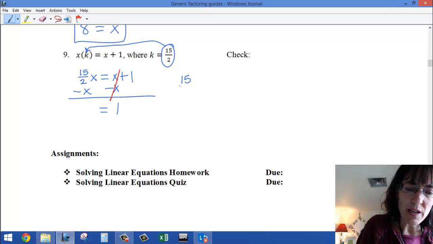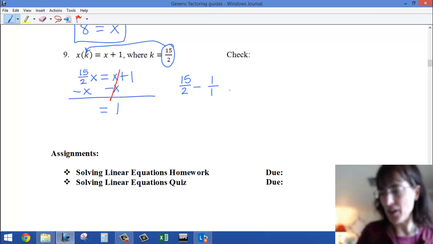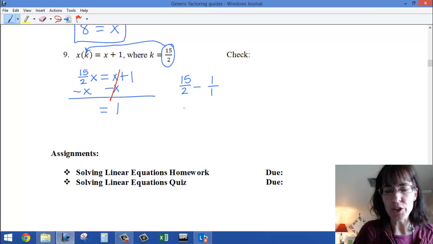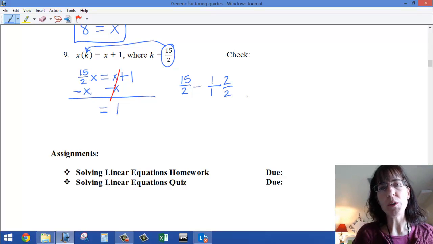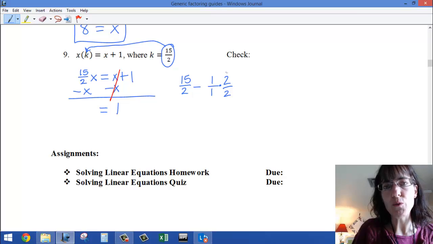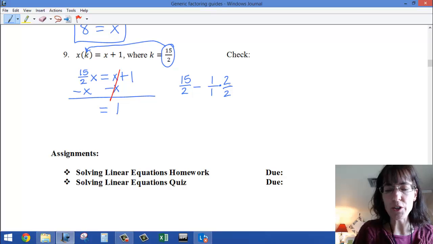I have 15 halves minus 1, and I want to figure out what that is, so I can either use my calculator with the fractions, or I can multiply this fraction, and I need to have it as something over 2. So I'm just going to pick 2 for the denominator, and then I have to multiply the numerator by 2 to keep the fraction equivalent.